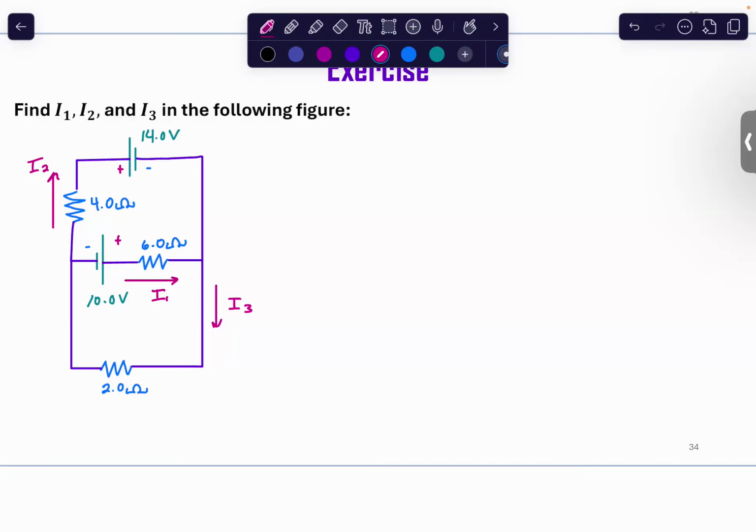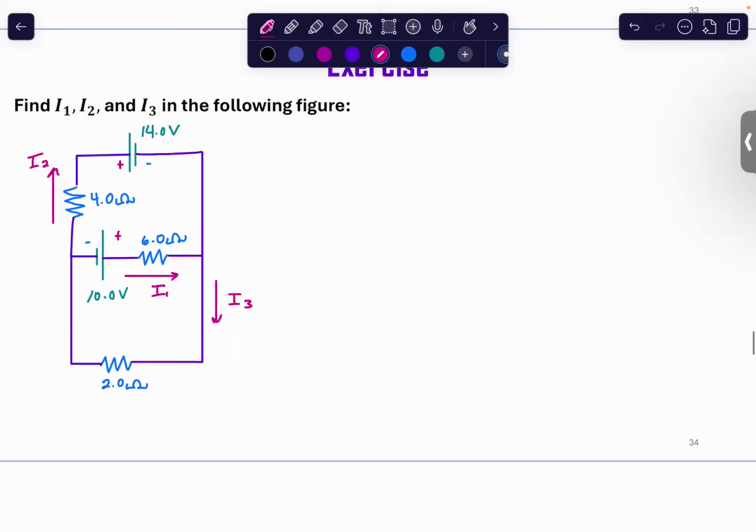So your first equation, did anyone notice that it goes like this? Because I3 comes around, it hits the junction, splits into I1 and I2.